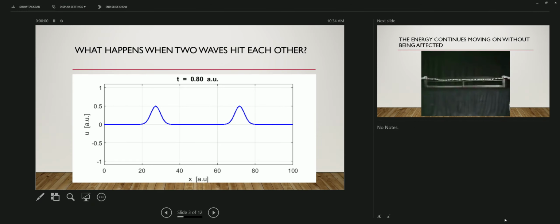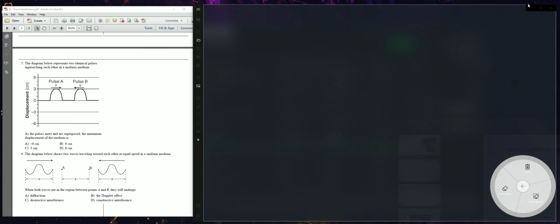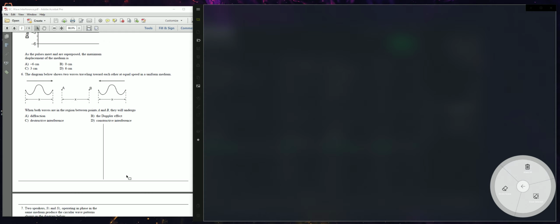If you have these 2 waves and they hit each other, they combine. Their amplitudes combine. The amplitude of pulse A is 3 centimeters, and the amplitude of pulse B is 3 centimeters as well. If they combine, what is the combined height of these 2 waves at the maximum displacement? That one you can answer yourself. What's 3 plus 3? Come on, you guys can do that. I believe in you guys.